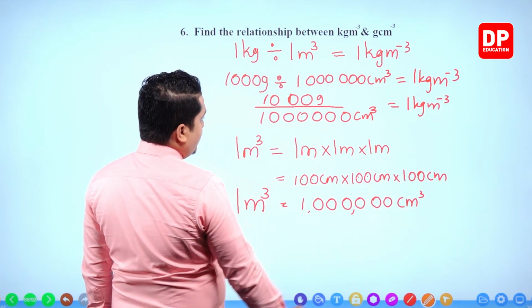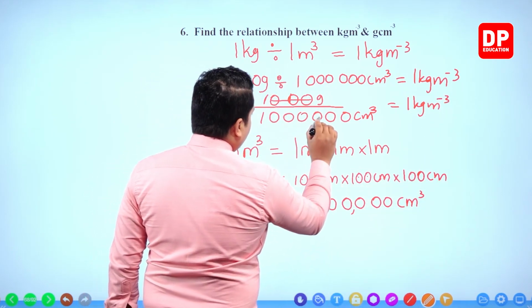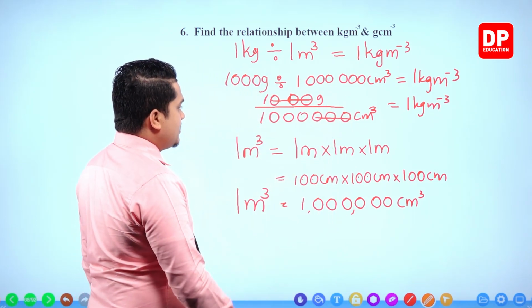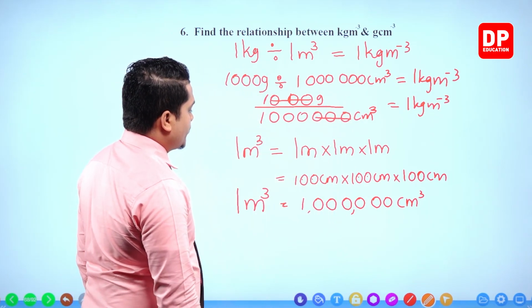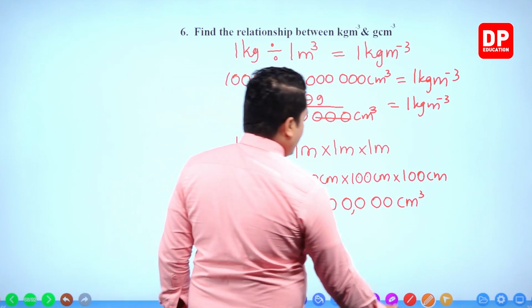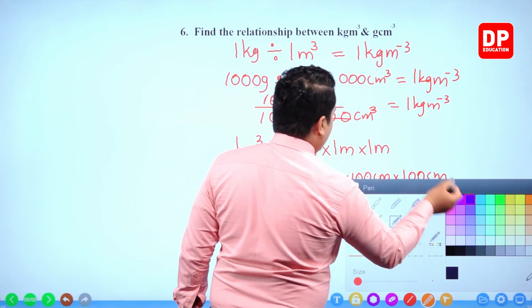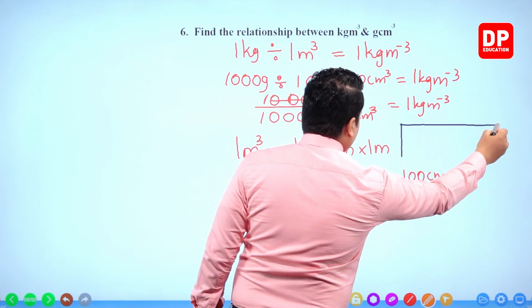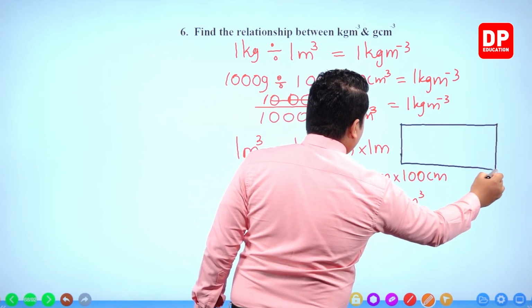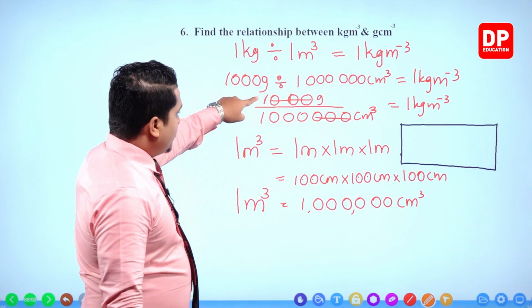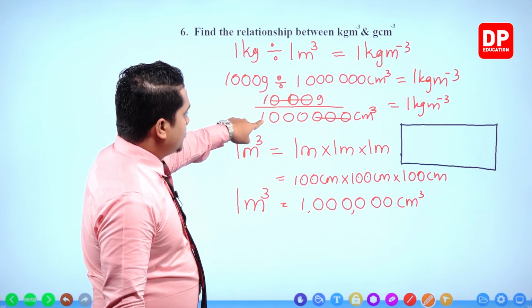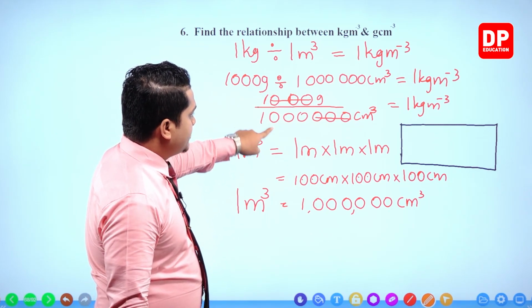So when you divide the zeros, you can clearly see the relationship, my dear children. I'll use another color pen to write down the relationship. Here 1 over 1000 can be seen.